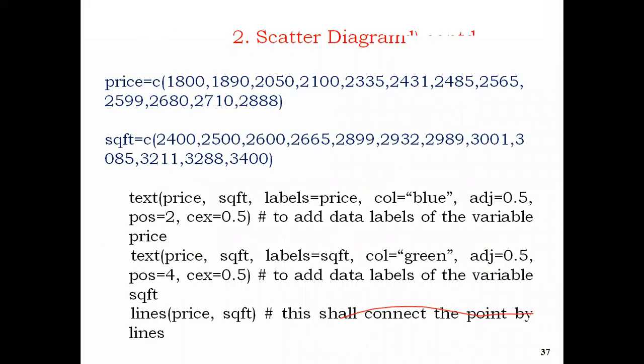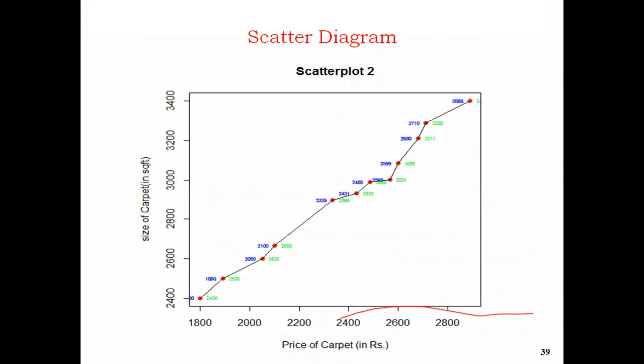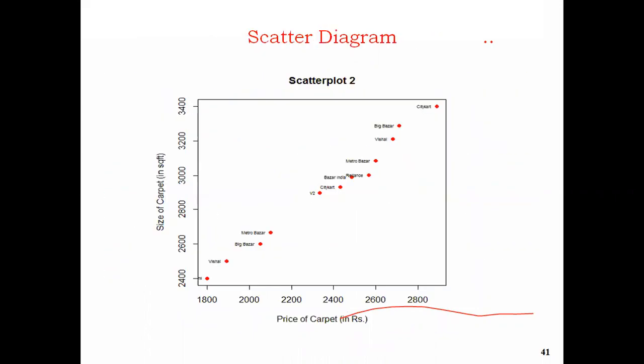And for the third one, dots are there, and we are giving the data level for both price and square feet, means price and size of the carpets. And the last one, we learned how to give the names of the shops in this scatter plot.